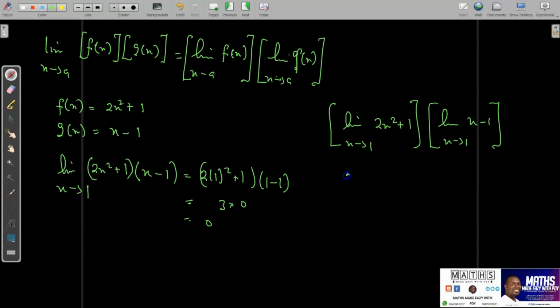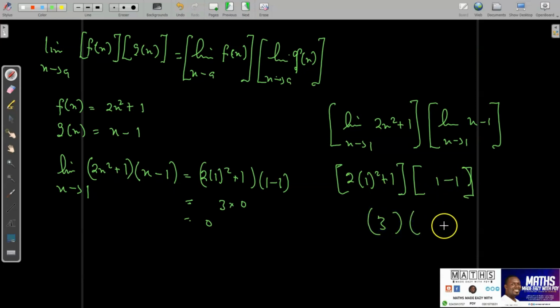So that's going to give us 2 multiplying 1 all squared plus 1 all multiplying 1 minus 1. The bracket here will give us 3, multiplying what do we have here? 0. And therefore you end up getting the final answer as 0. Are you with me?